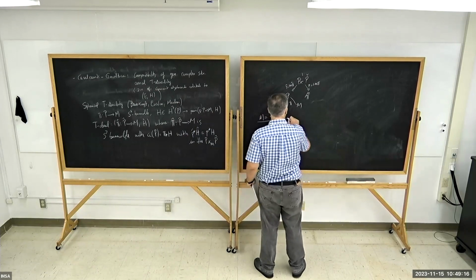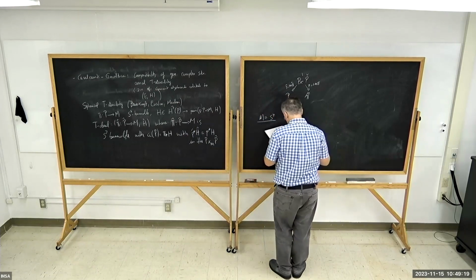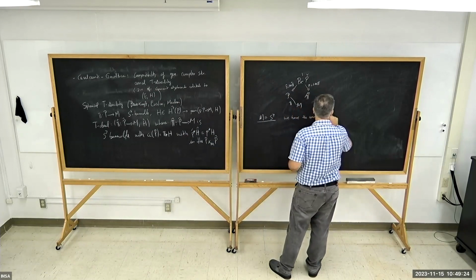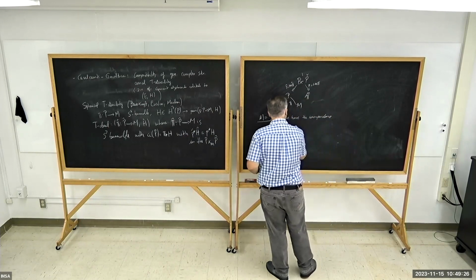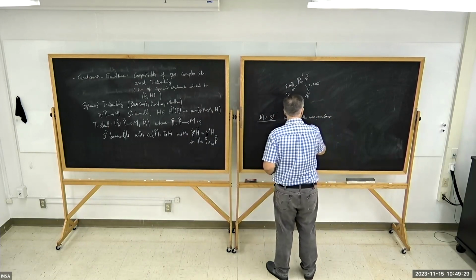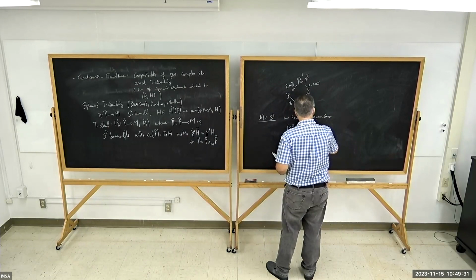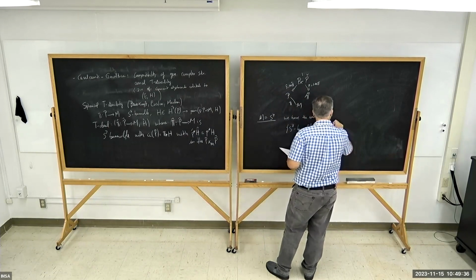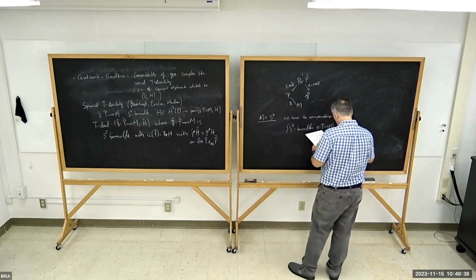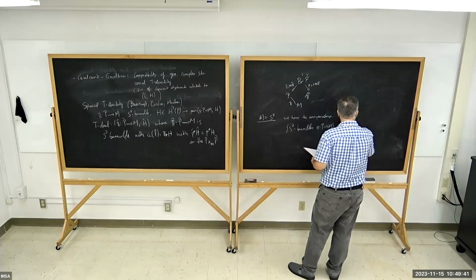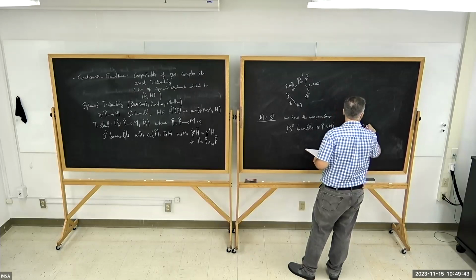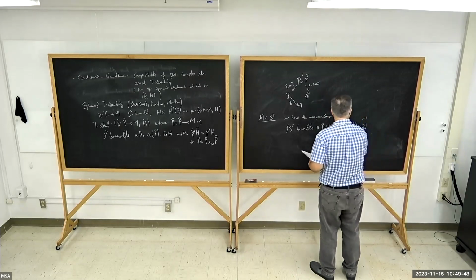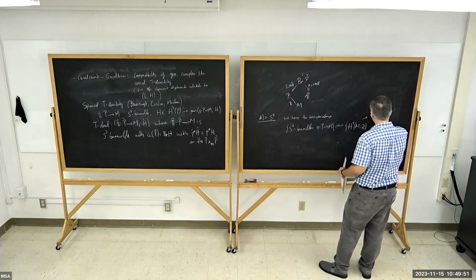In this situation, we have the correspondence S3 bundles Pi with H4 and Z, and the correspondence here is given by the second Chern class.